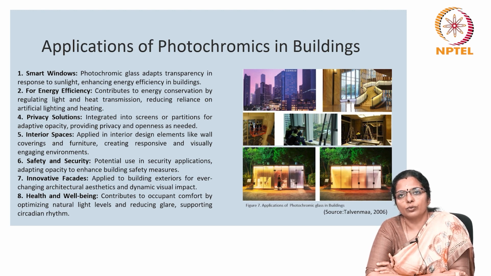Beyond energy conservation, these materials regulate light and heat transmission, reducing the need for artificial lighting and heating. They are integrated into screens or partitions to provide adaptive opacity, serving as effective privacy solutions.